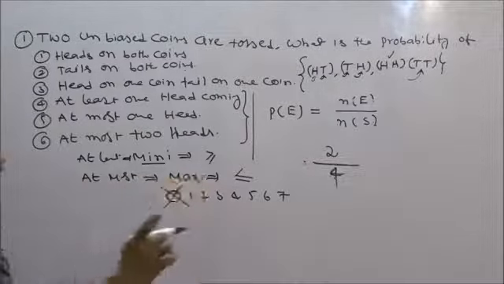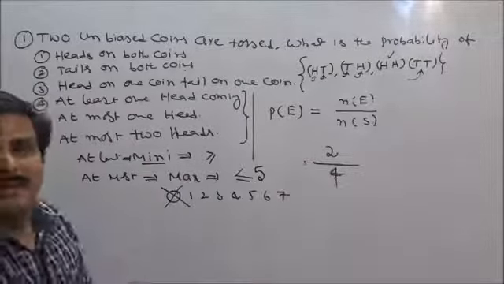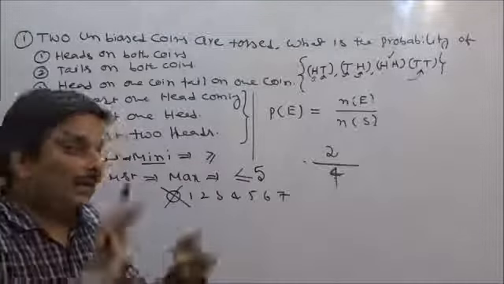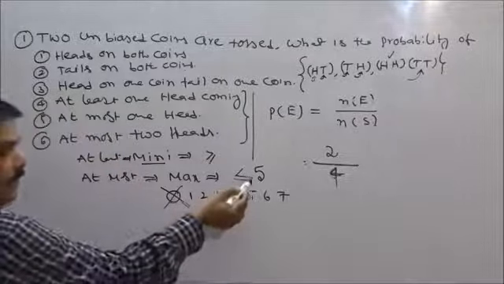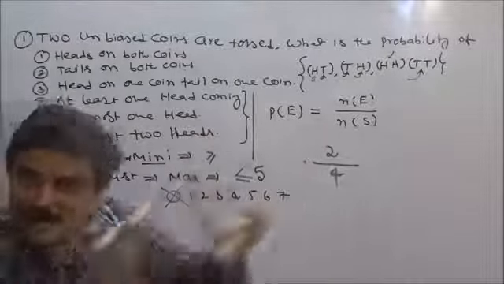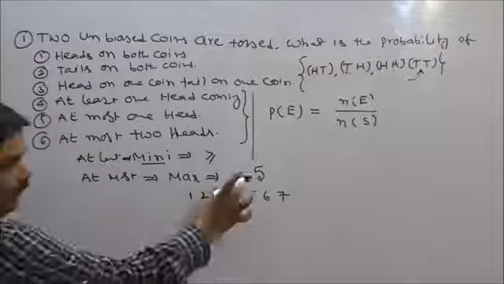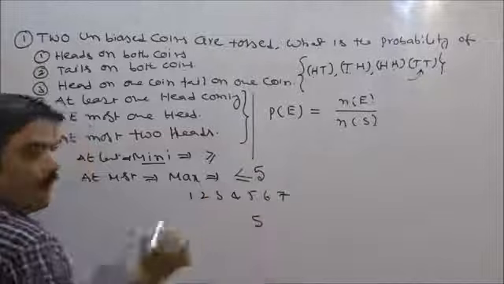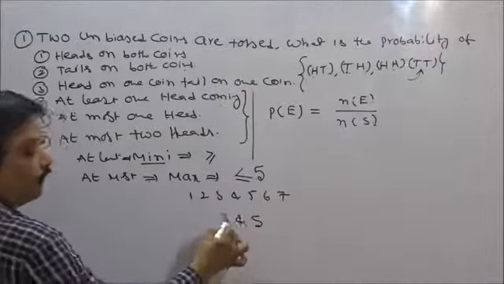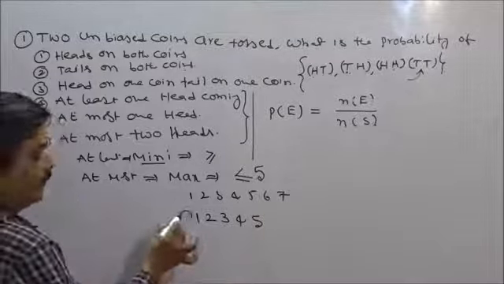For example, they have given here at most 5. What do you mean by at most 5? Less than or equal to 5. Less than or equal to 5 means that can be 5, 4, 3, 2, 1 and 0.